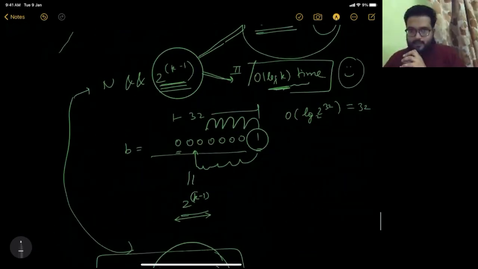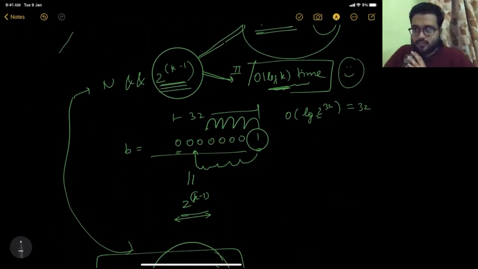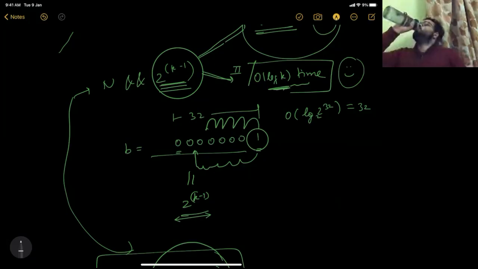Then log k will be around 5, let's say it will be 5. So it will still take 5 steps for us.